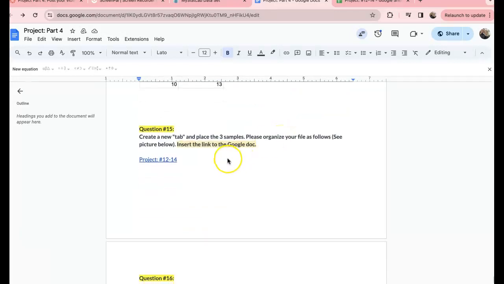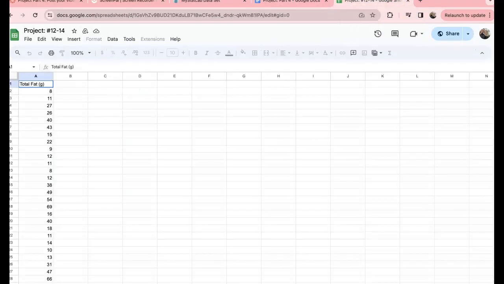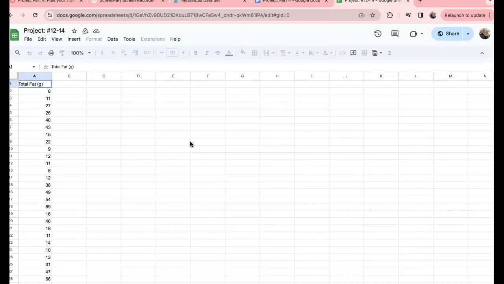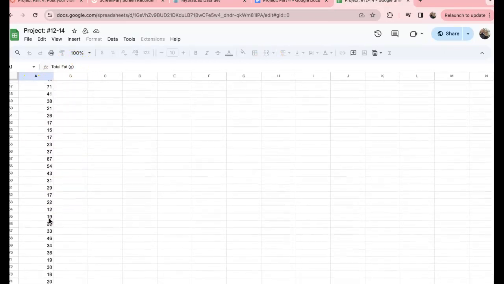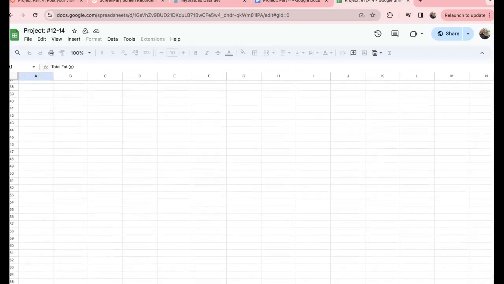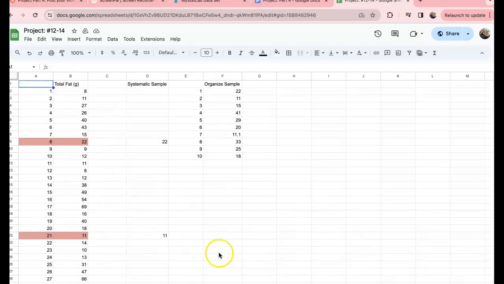In question 15, this was to basically put in all of our data, and I will show you that link right here. So it goes in and has the 126 values for the total fat in grams, and then we have our systematic sampling here, and we have our numbers or values that are selected, highlighted, and organized on this side.